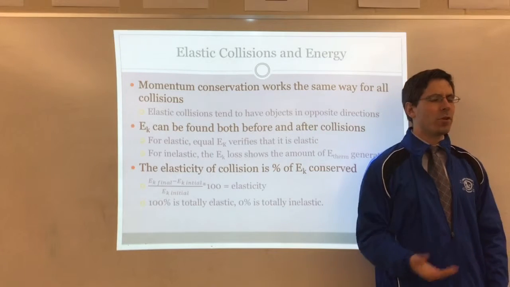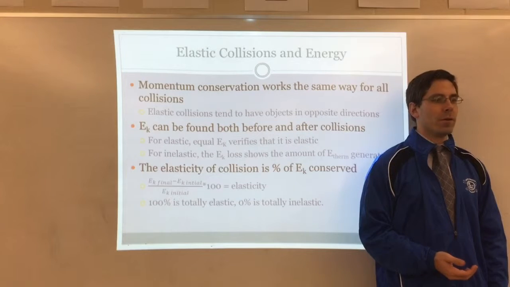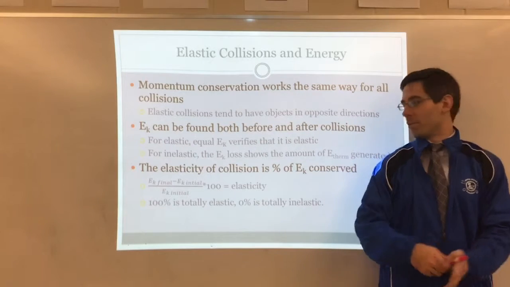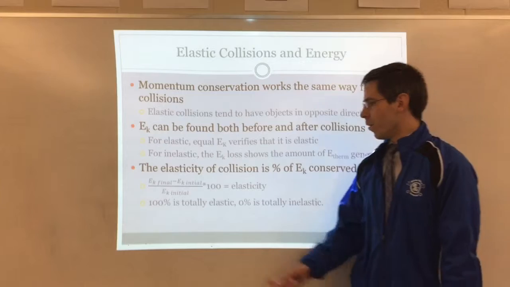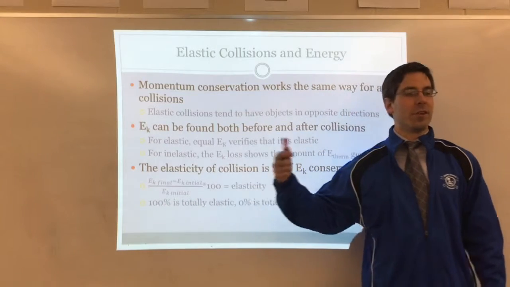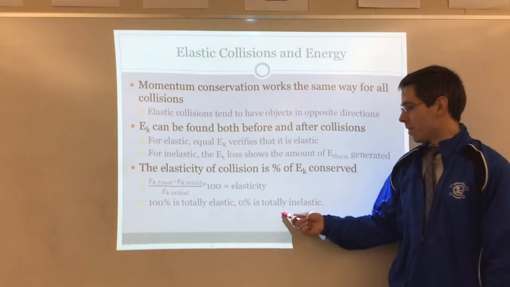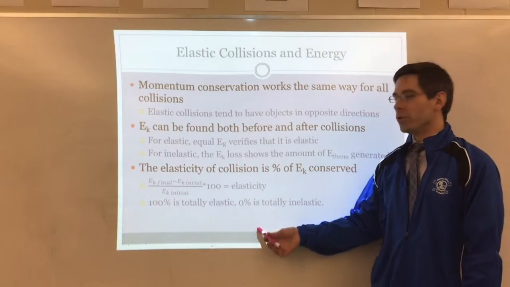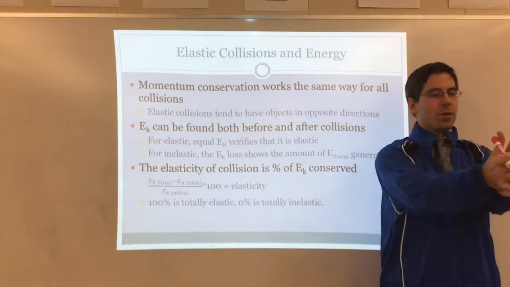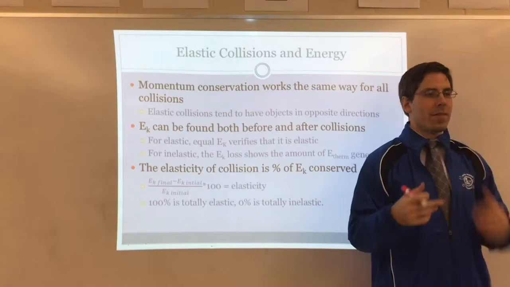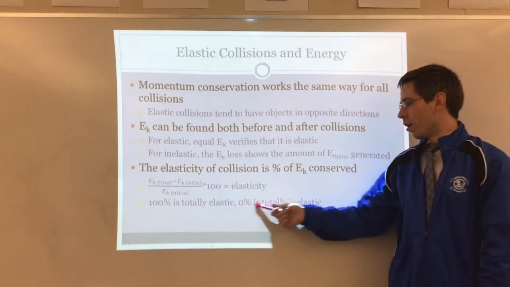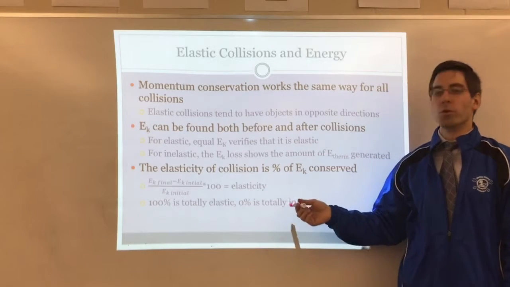If you want to go a little bit more in depth, elasticity is really on a spectrum. 100% conserved is considered totally elastic, and if you lose all of it, if your objects come to a stop, then that is considered totally inelastic, where you lose all of your energy.